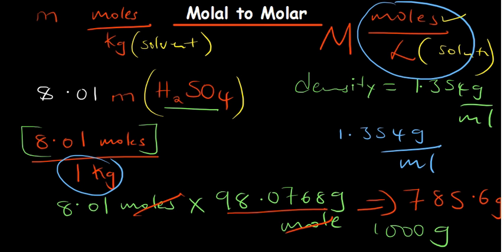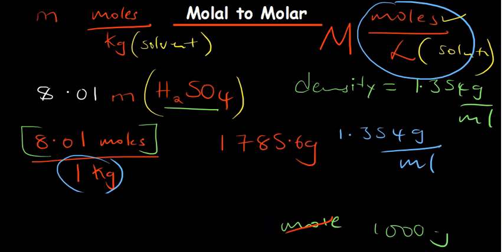Adding the two gives us 1785.6 grams. So we found the mass of the solution after finding the mass of the solute and the solvent. The solvent was an assumption, and the solute was calculated using the number of moles and the molar mass of sulfuric acid.